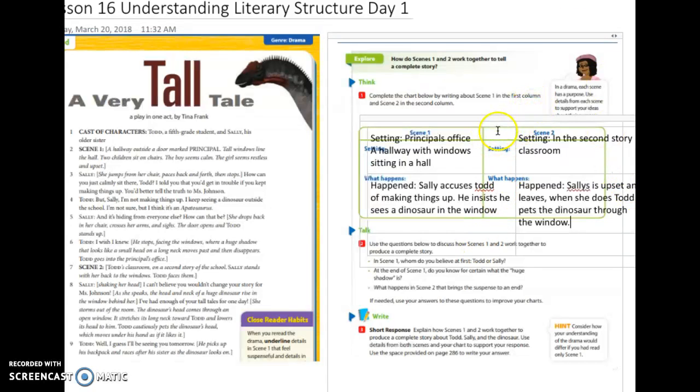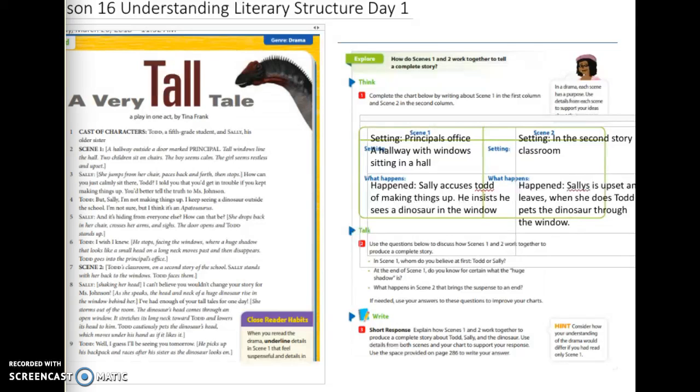Okay, I hope everyone can see that. Next is number 2. Use the questions below to discuss how Scene 1 and Scene 2 work together to tell a complete story. For about 1 minute and 30 seconds, I'd like you to work with a group and think about how Scene 1 and Scene 2 need each other to make a complete story. Go.